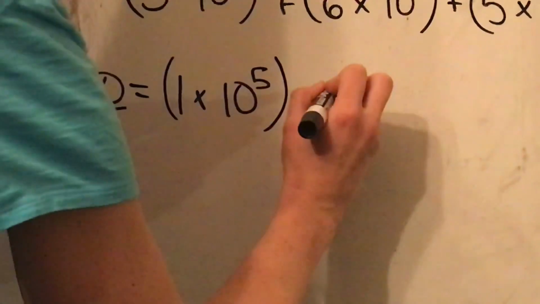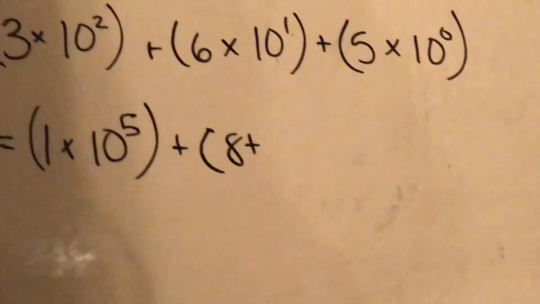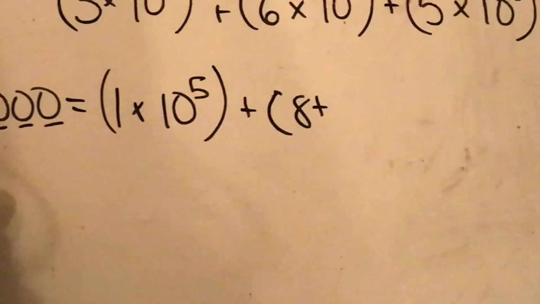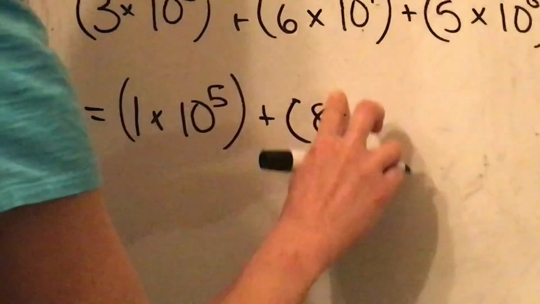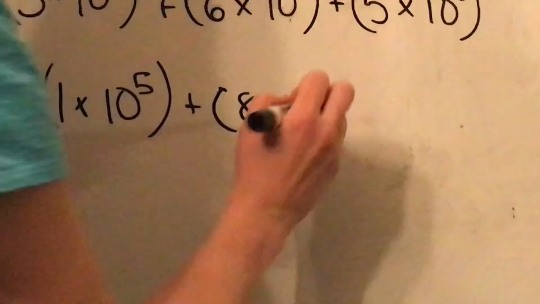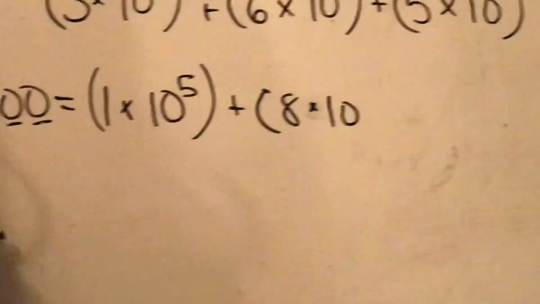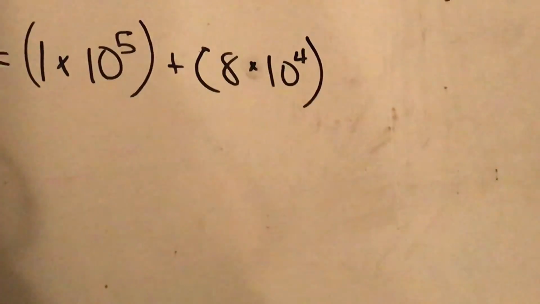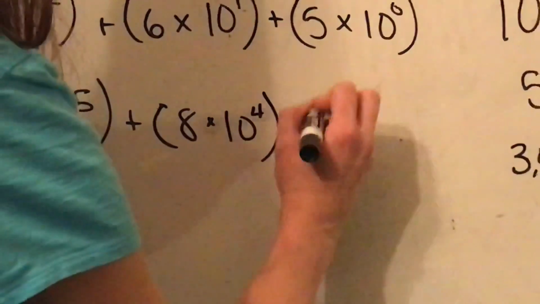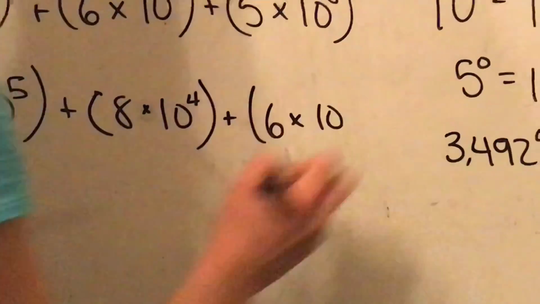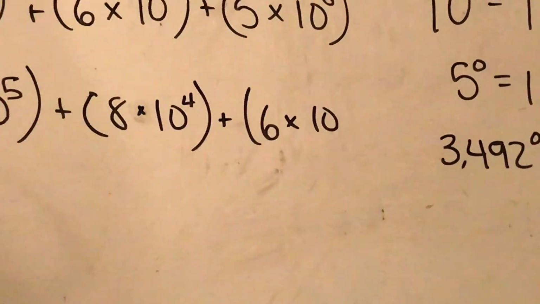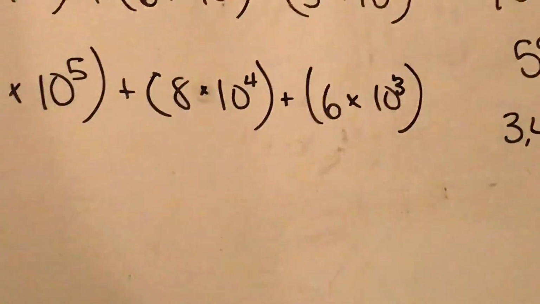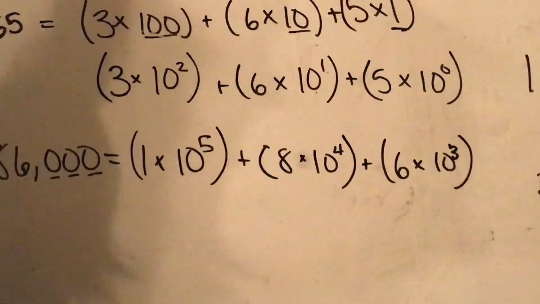Okay, plus 8 times 10 to the 1, 2, 3, 4. Okay, plus 6 times 10 to the 1, 2, 3. Okay, and it's that simple.